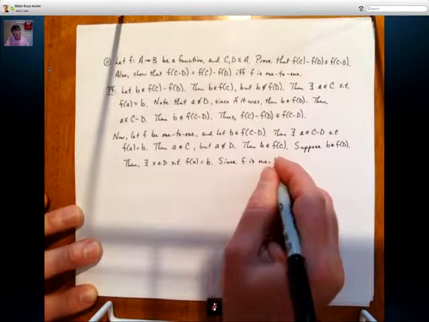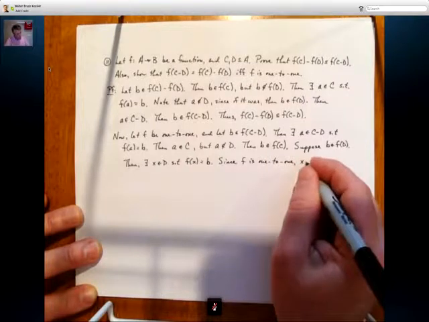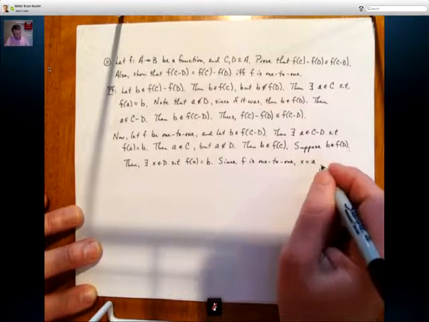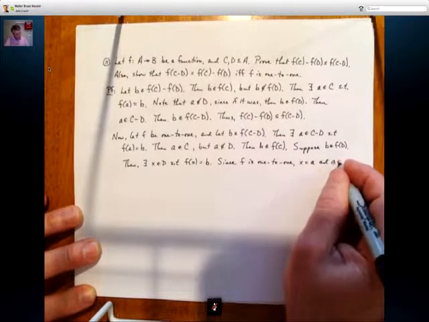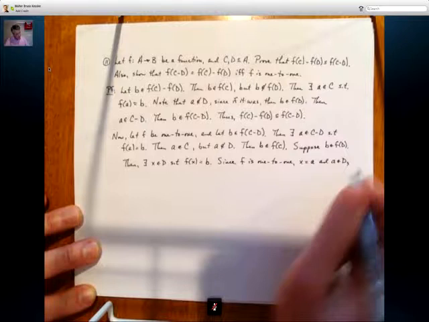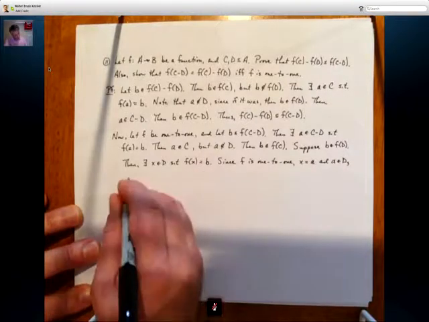Since f is 1 to 1, this x, though, has to be A. And that means that A is in D. And that's a contradiction. A is not in D.